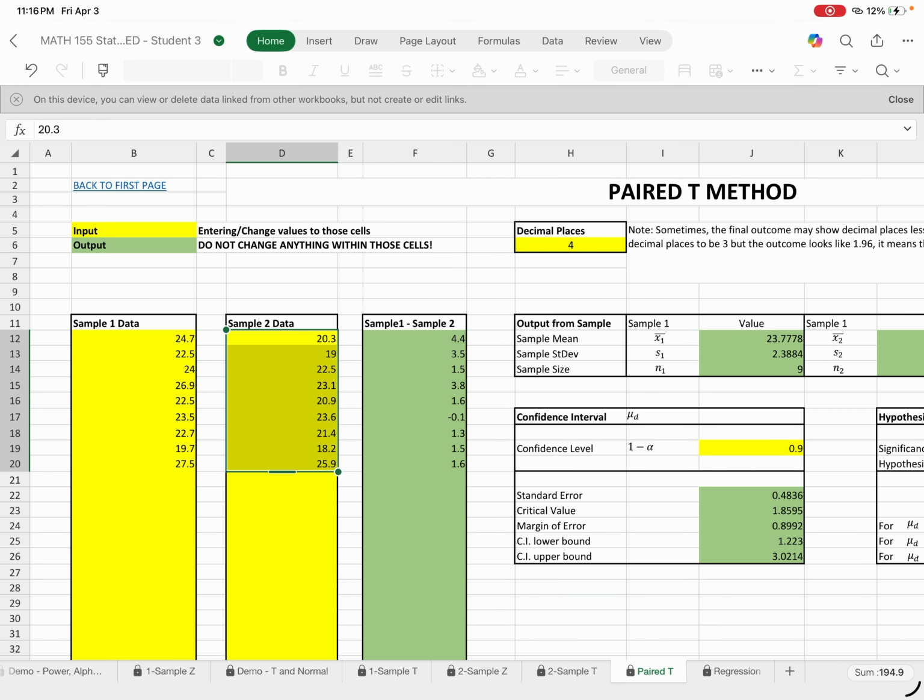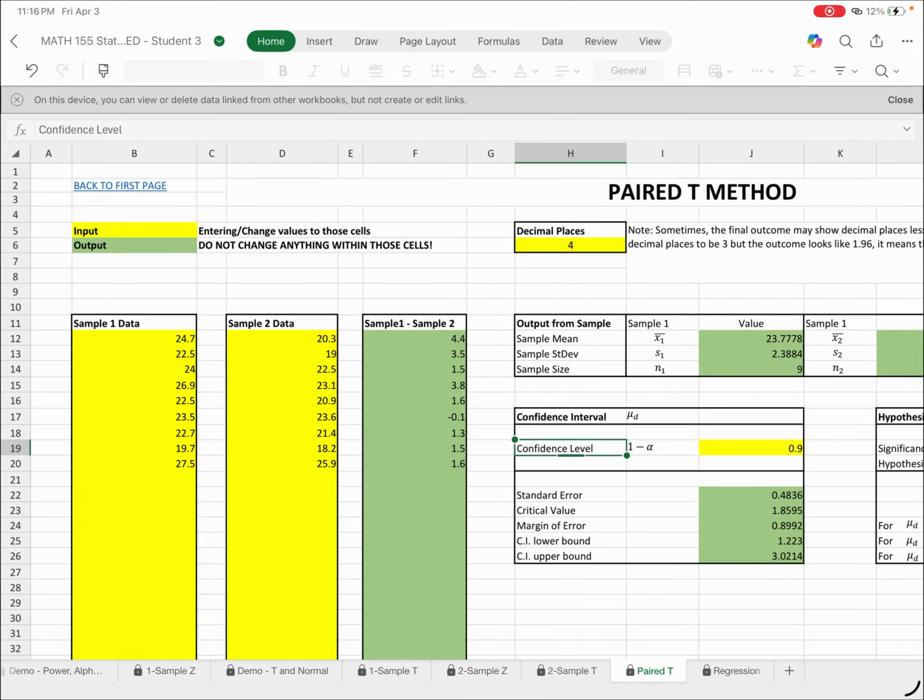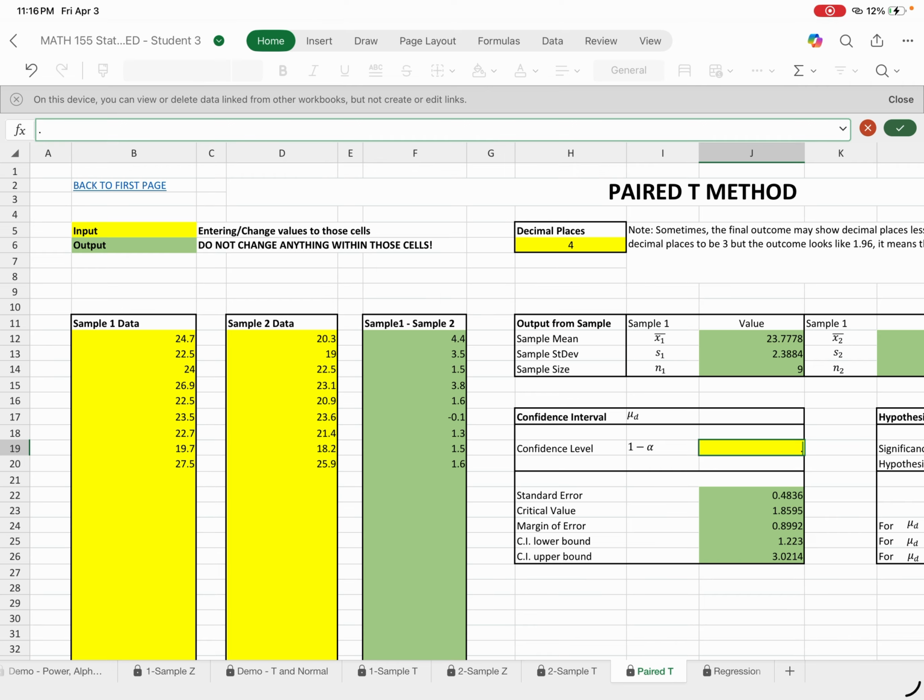There we go. So again, this is the difference data, right? This is the difference for each pair that we have. And I think they were looking for a 95% confidence interval. They were. And so this is our stuff.